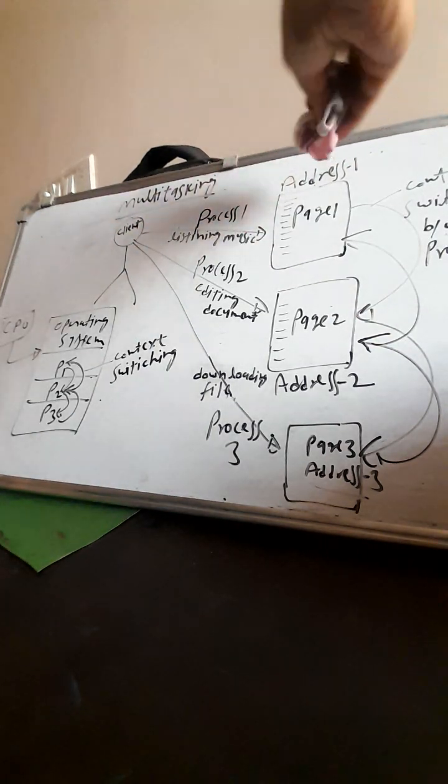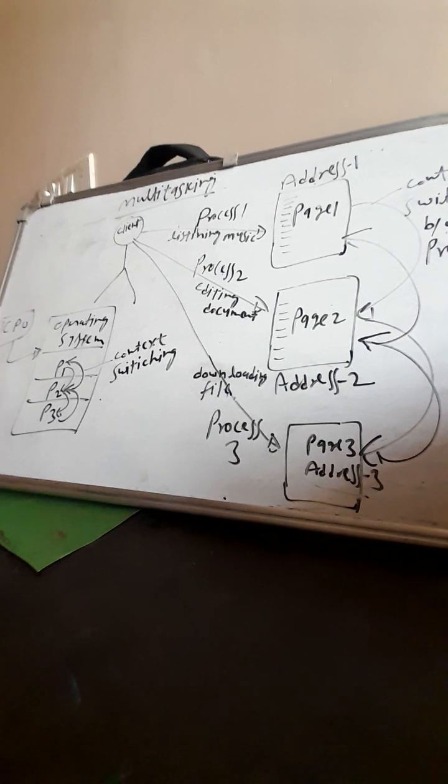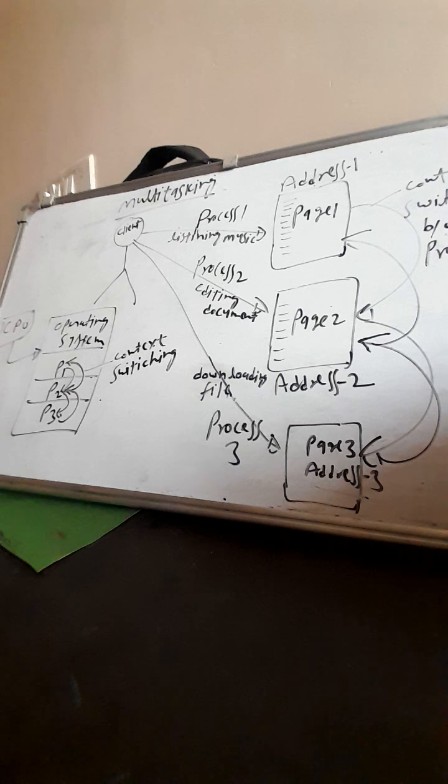Before moving to multi-threading, here I talked about only one CPU, but the same thing you can do with the help of multiple processors, so CPU 1, CPU 2, CPU 3. In other systems, we might use multiple CPUs to perform multiprocessing.